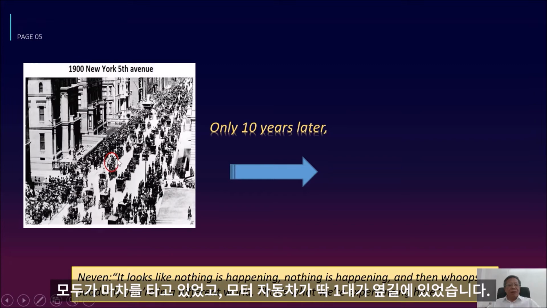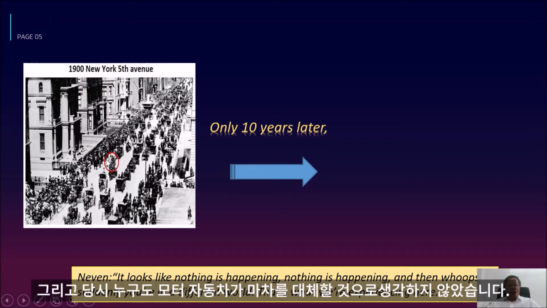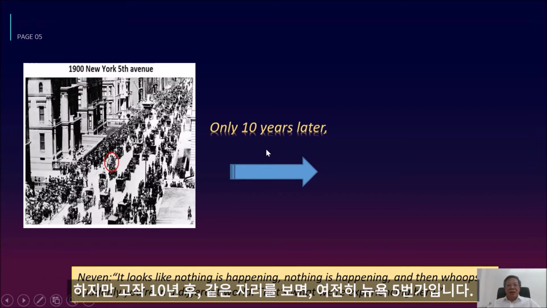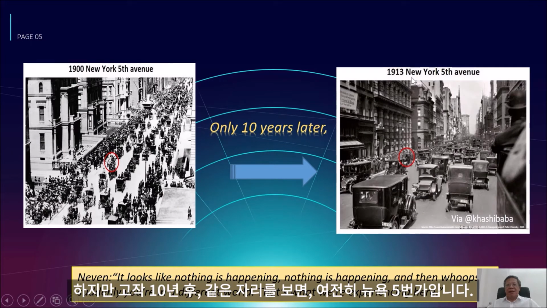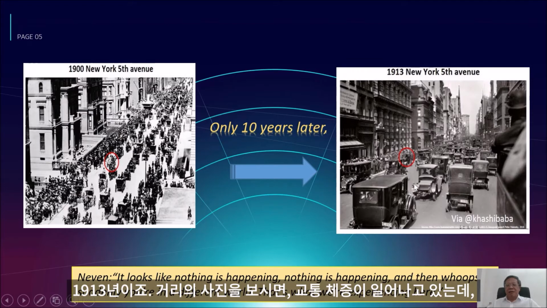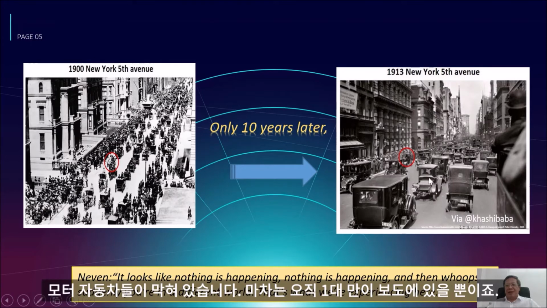One motor car was on the sideway, and at that time, nobody believed the motor car could replace the station wagon. But only 10 years later, in the same spot, still on New York's Fifth Avenue, 1913, the photo shows a traffic jam, but jammed by motor cars, with only one station wagon on the sideway.